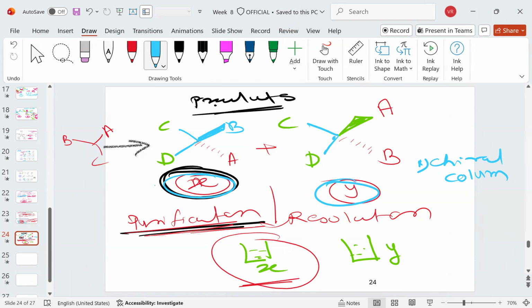In the normal silica column we cannot really separate these two enantiomers, X and Y. If you use the chiral column, which basically has some binders with different functional groups, they interact differently with these two enantiomers, and therefore the retention time or elution time for A and B from the column will be different.